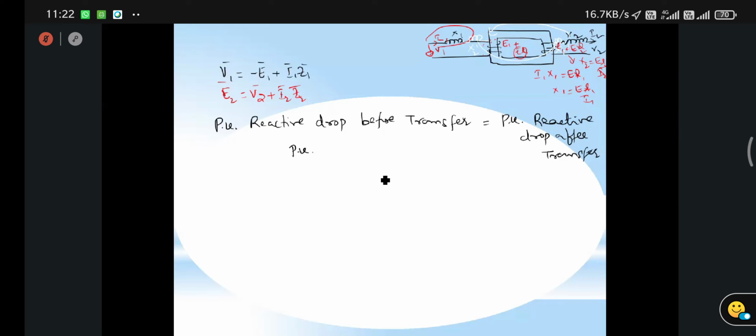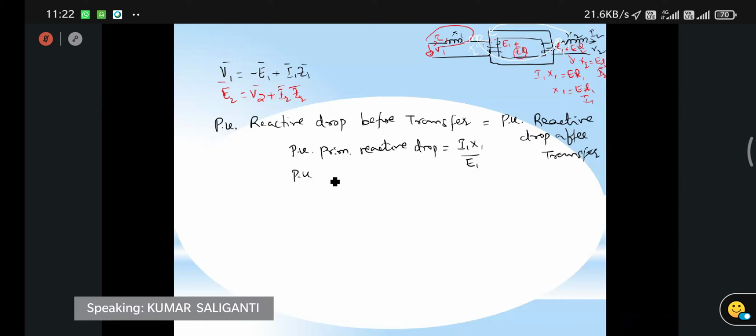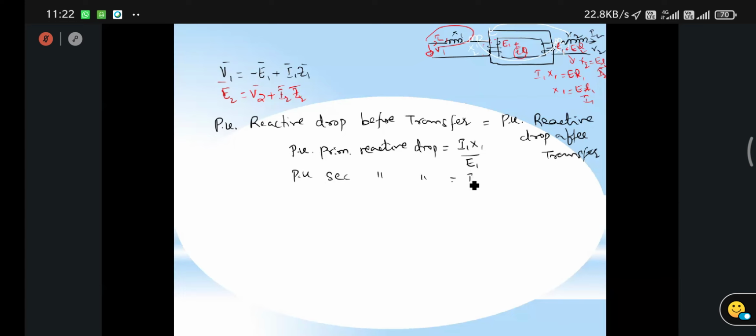So the per unit primary reactive drop is equal to I1 X1 by E1. Similarly, the per unit secondary reactive drop is equal to I2 X2 by E2.